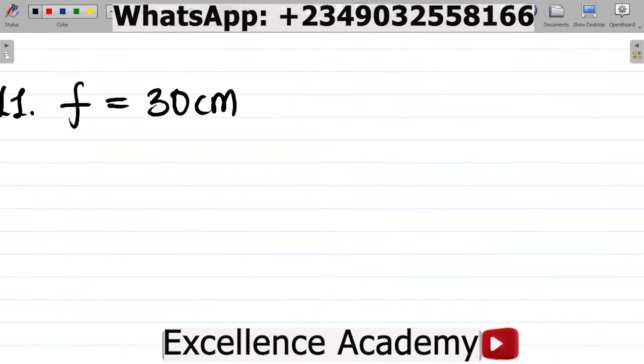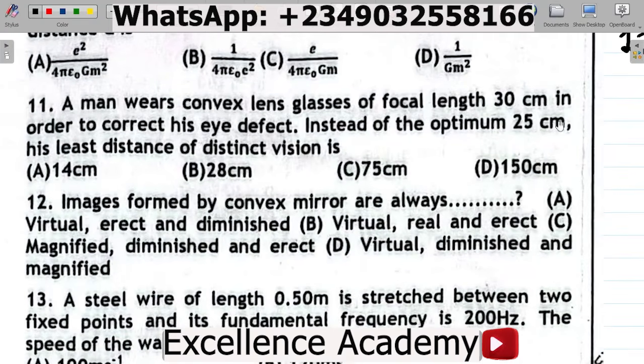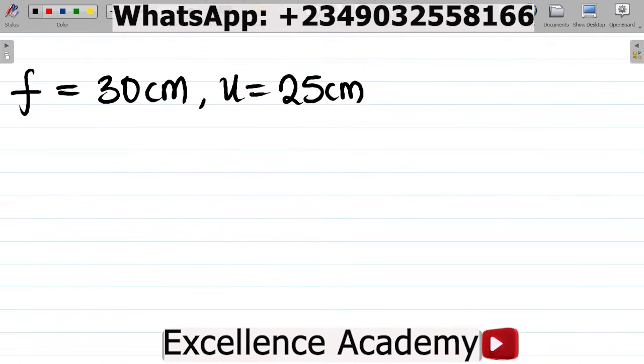So take U as equal to 25 cm. Now, your answer said his least distance of distinct vision is, right? So what that means is simply your image distance, V. You have to find the value of V. So that's for this question.